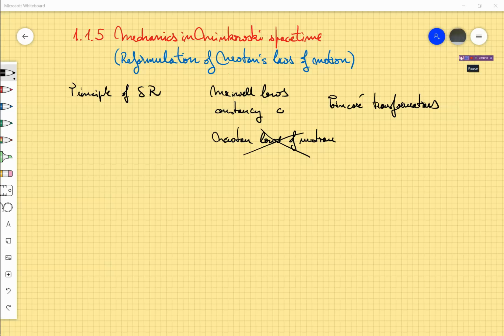What we are going to do here is a typical game that theoretical physicists play, which is to try to guess what the laws of physics are, just based on symmetry principles such as invariance under Poincaré transformations. This is never enough to find the true laws of physics.